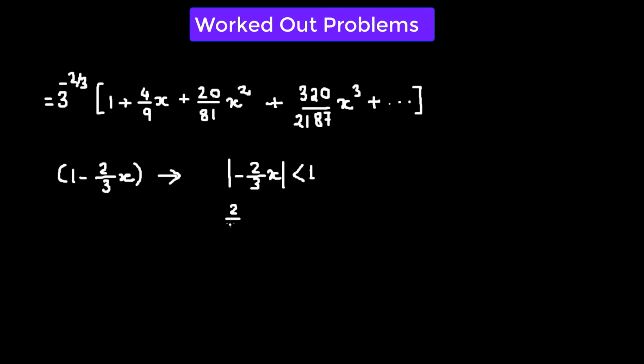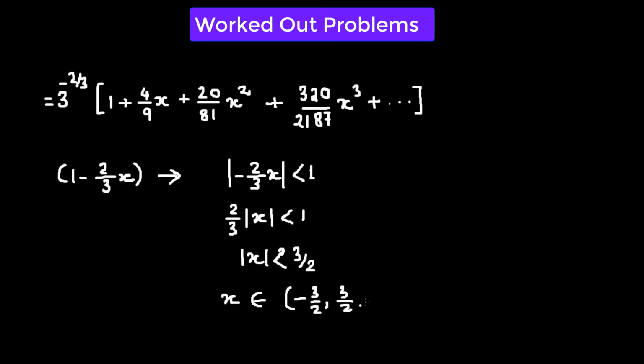So this will give us 2/3 of the absolute value of x is less than 1. Multiply both sides by 3/2, and that would give us the absolute value of x is less than 3/2. This is the required condition, or we can say that x belongs to (negative 3/2, 3/2).